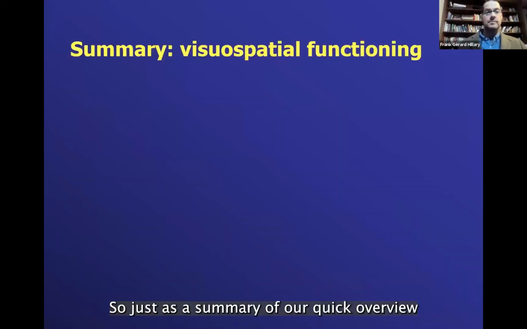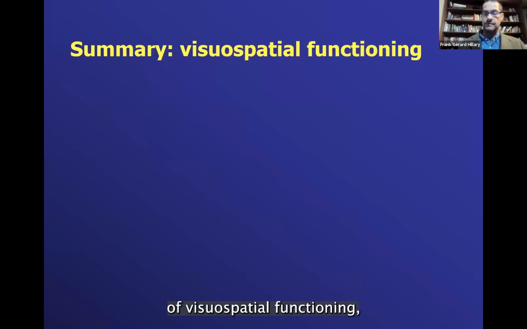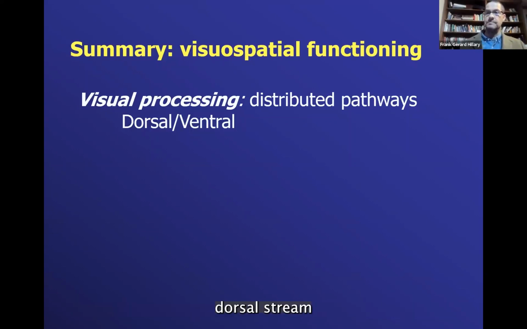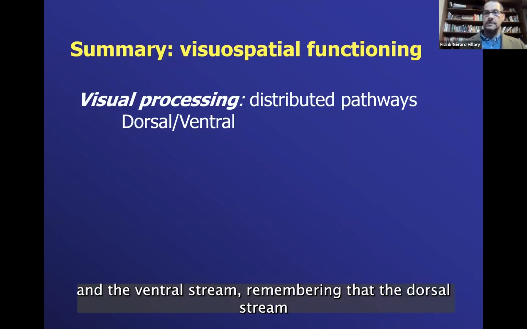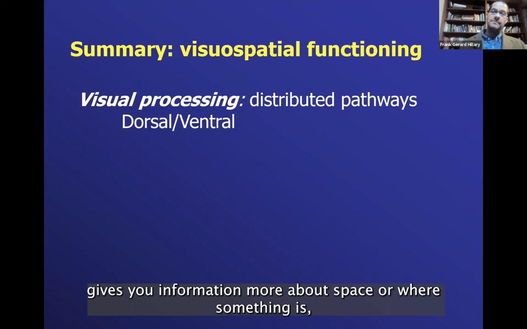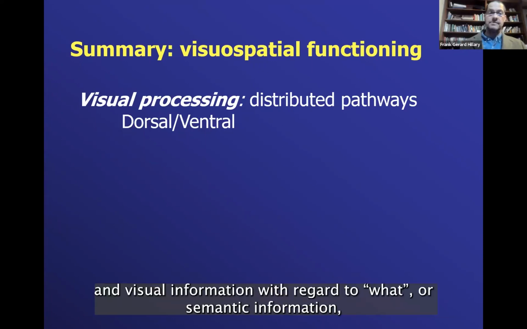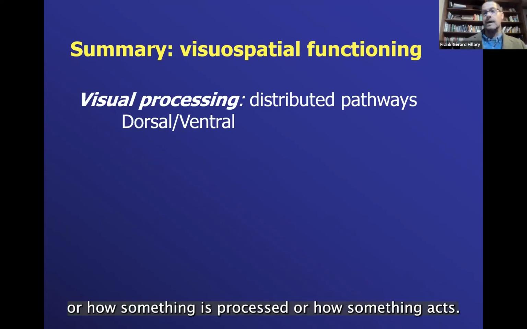So just as a summary of our quick overview of visual spatial functioning, visual processing is distributed pathways, and there's dorsal stream and the ventral stream. Remembering that the dorsal stream gives you information more about space or where something is, and the ventral stream integrates visual information with regard to what, or semantic information, or how something is processed, or how something acts.